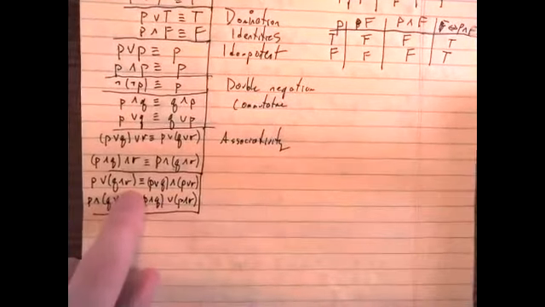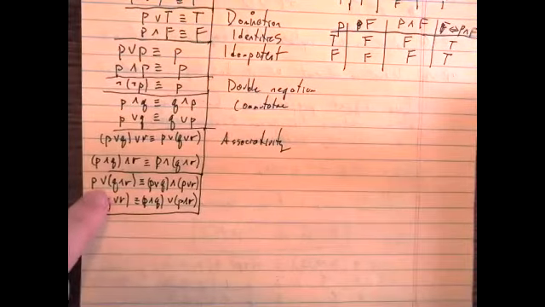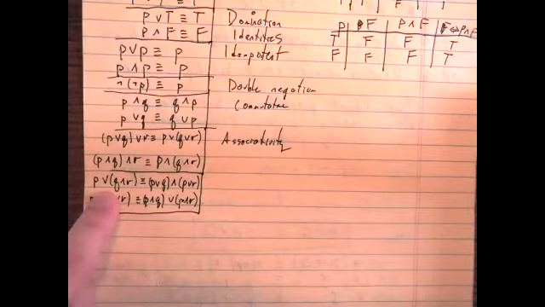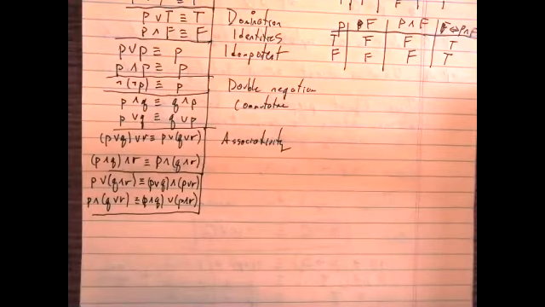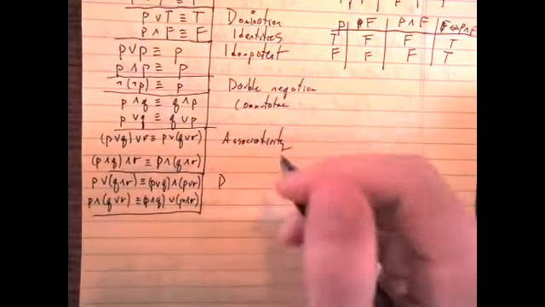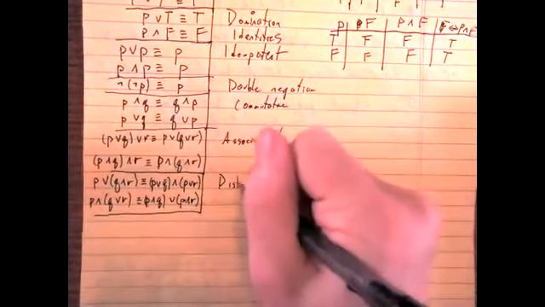So I want to point out something. You can view this kind of like expanding out a polynomial. Yes, exactly. It's exactly like distribution when you're dealing with polynomials. So this is called distributivity.